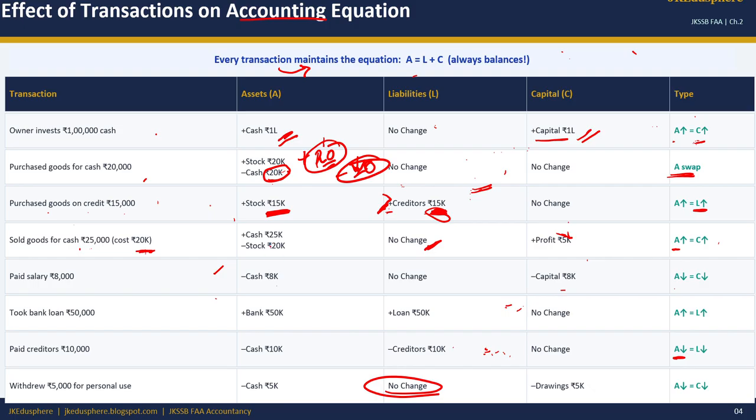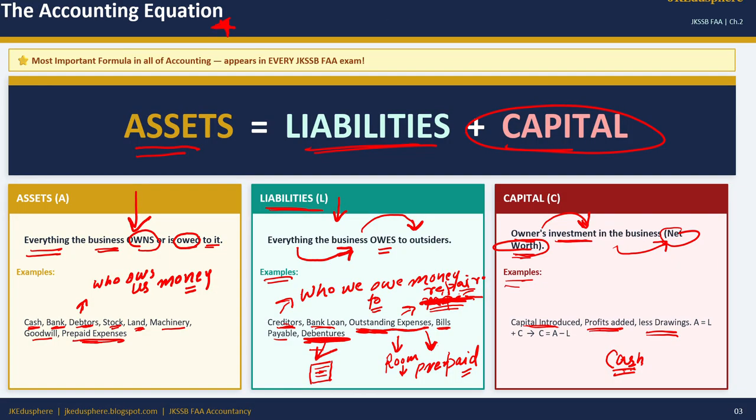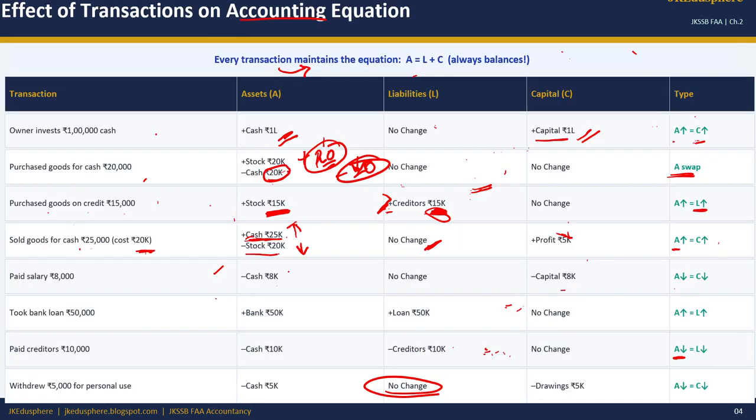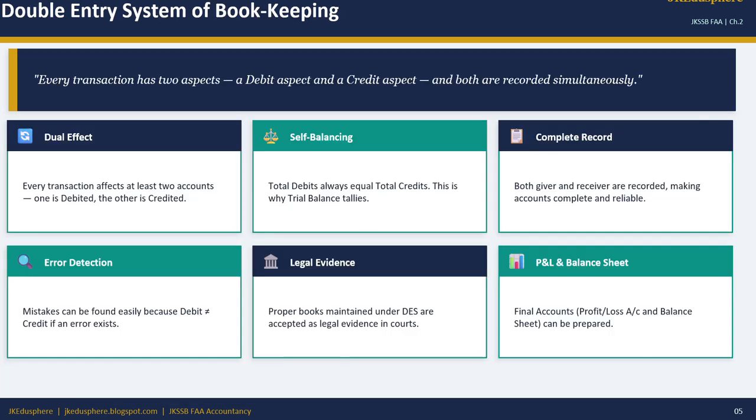So now over here, we got 25,000 cash and stock got reduced by 20,000. Right. So over here we got a decrease in cash of 8K. There was an asset decrease and capital decrease as well. Right. So let's go for the next part.